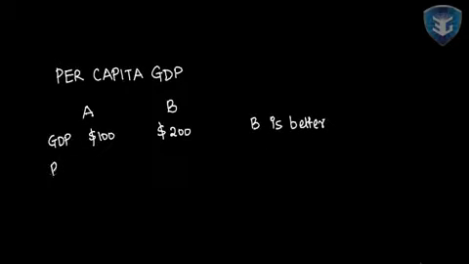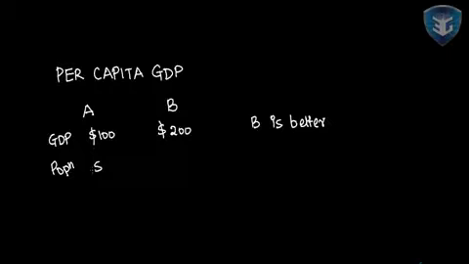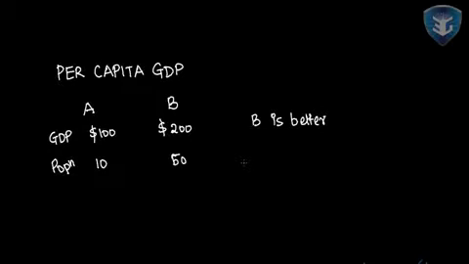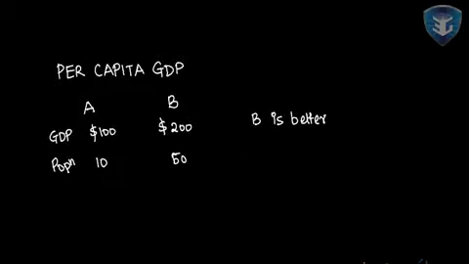Suppose population in country A is 10, while population in country B is 50. Then what is the proportion of GDP which is being divided among these 10 individuals?